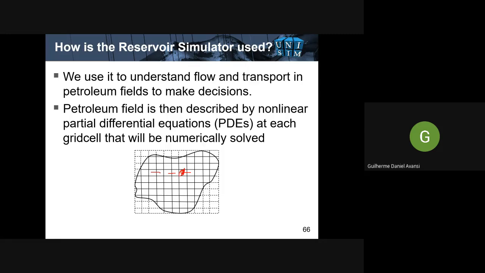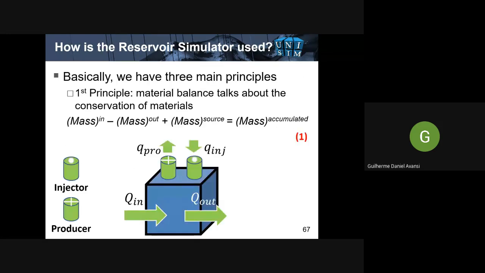Imagine that we don't have mass getting in or getting out from this entire reservoir simulation. We are just talking about the mass from one block to another, the mass through the grid cell. So we have this mass getting into and out of a grid cell, and also we sometimes have a source. What does a source mean? A source means a well, a producer or an injector.